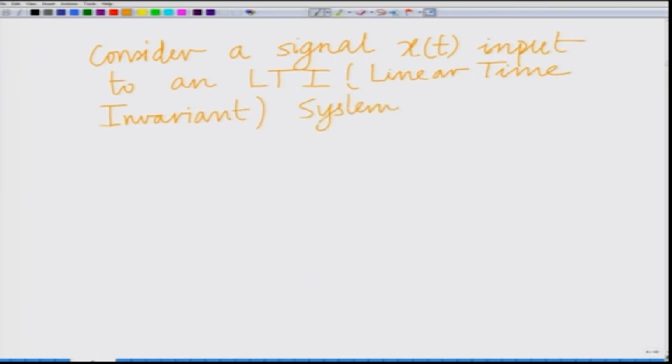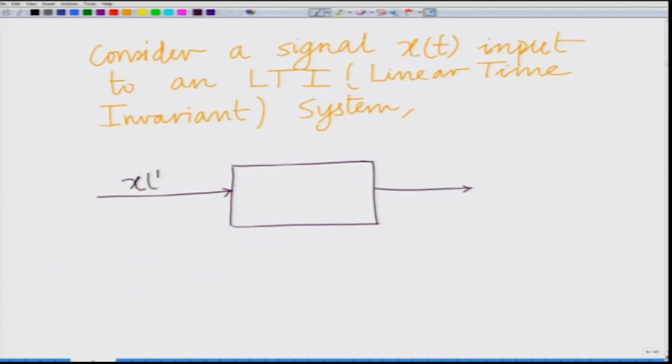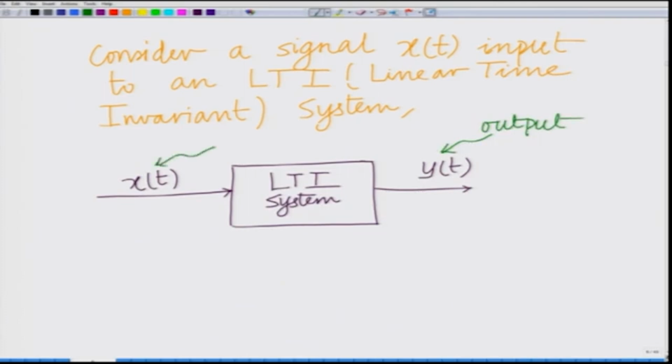So, consider a signal x(t) given as input to an LTI system, and let the corresponding output be y(t).